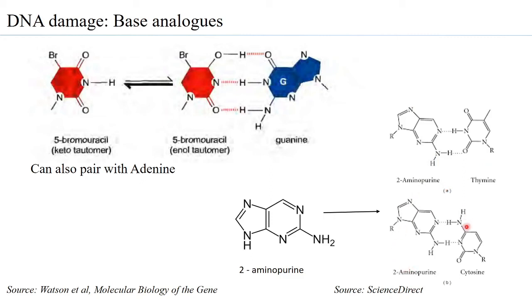But when the 2-aminopurine binds to cytosine, then this is again a mismatch. So it will lead to a mutation in the second round of replication. So this is how base analogues can actually be used to induce mutation. That is because the base analog competes with its base to be taken up by the DNA polymerase to add to the newly synthesizing DNA.